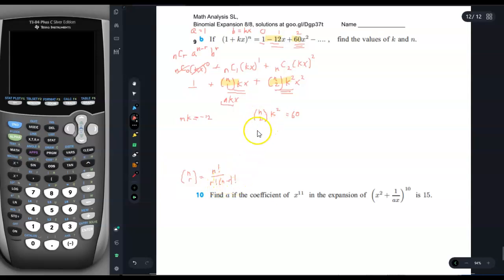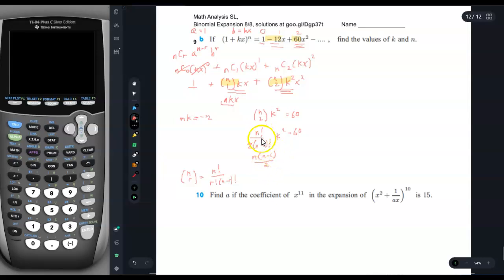So instead of n choose 2, we're going to put n factorial over 2 factorial, which is just 2, and then n minus 2 factorial. And then we put k squared equals 60. And we could simplify this a little bit, right? Because if you have n factorial divided by n minus 2 factorial, isn't that just n times n minus 1 and nothing else?